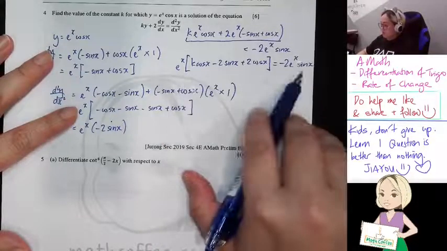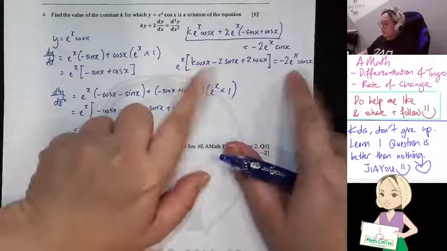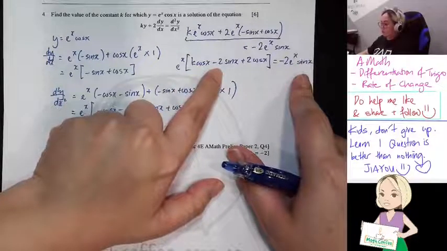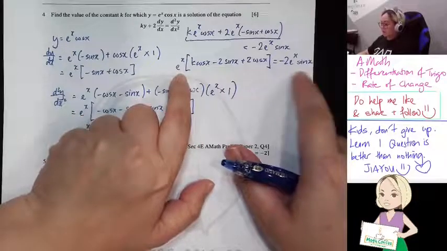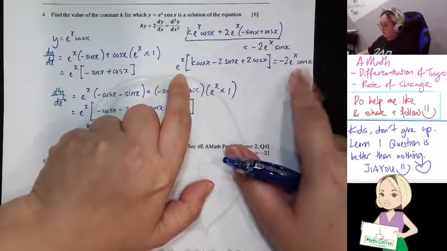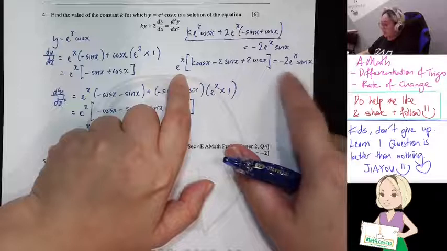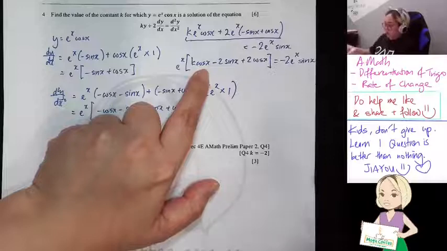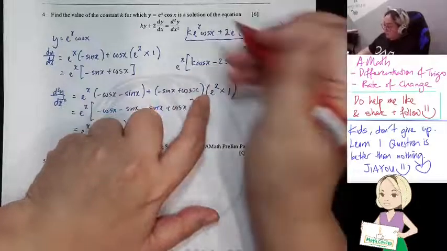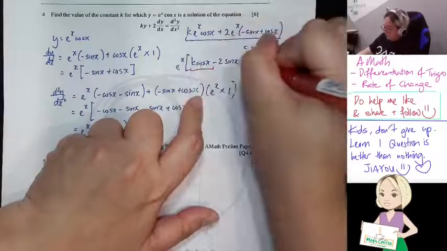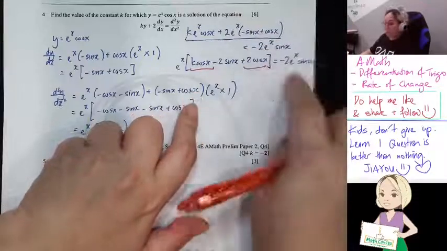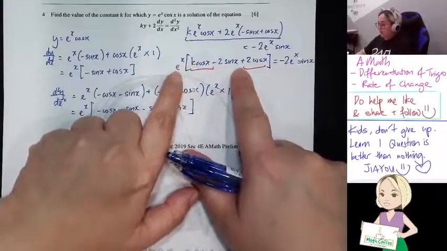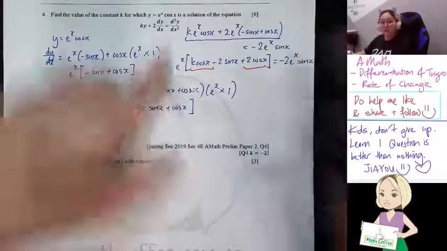You can see over here, if you compare the left and the right, there is minus 2 sine x e^x, which is exactly the same as the right hand side. This is A Math. Then you see that there is this extra part. You don't have to make k the subject; you just compare the coefficients. You can see that my minus 2 sine x e^x is already here, and you notice that the right hand side doesn't have any cosine x.